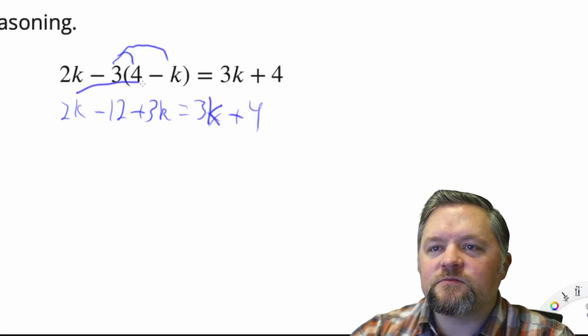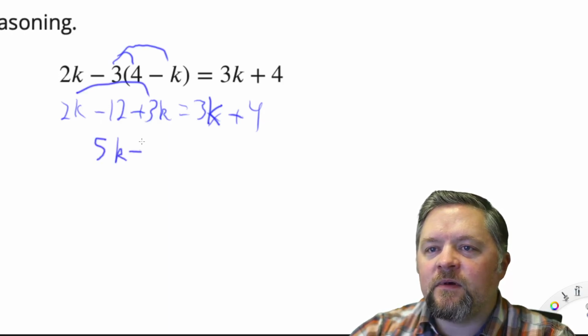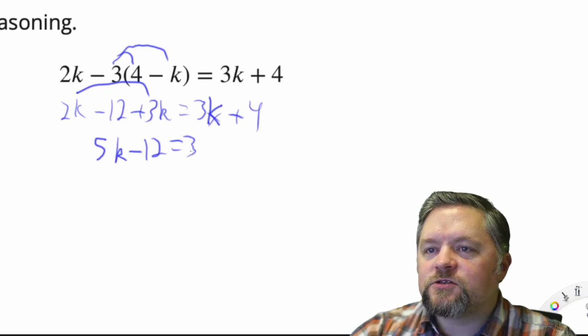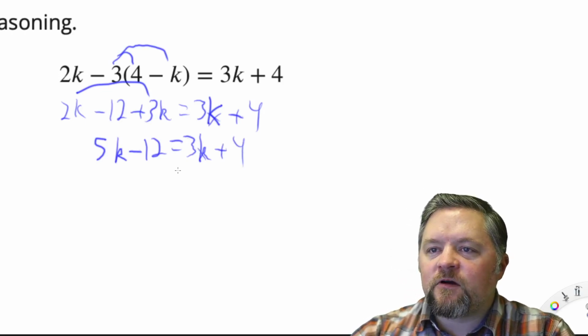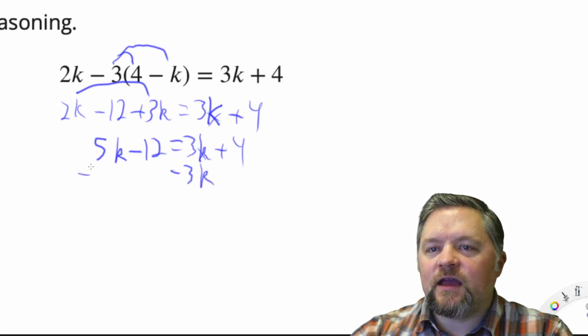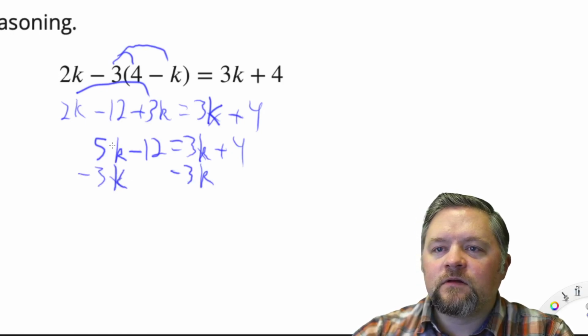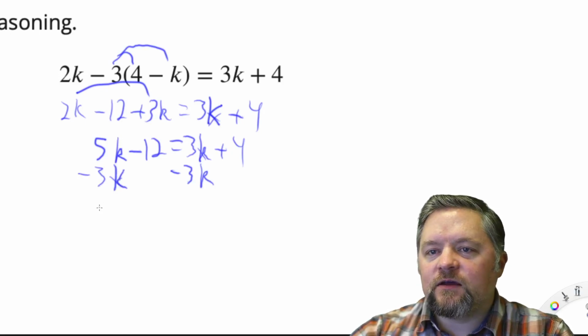Combine like terms. 2k plus 3k is 5k minus 12 equals 3k plus 4. More k's on the left, so let's get rid of them on the right. Subtract 3k, do it to the other side. 5k subtract 3k would be 2k minus 12 equals 4.